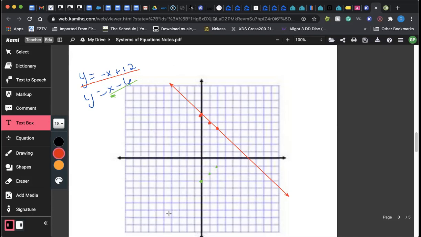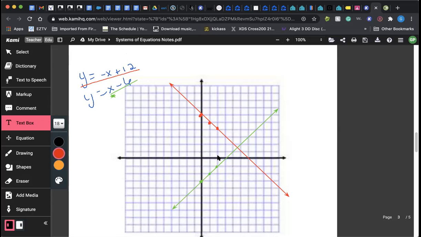And again, make sure you draw it through or just enough to make it through your graph. And we can see where it intersects. Right, and that intersection there is going to be where my points are. So I would say I was counting by twos, right?